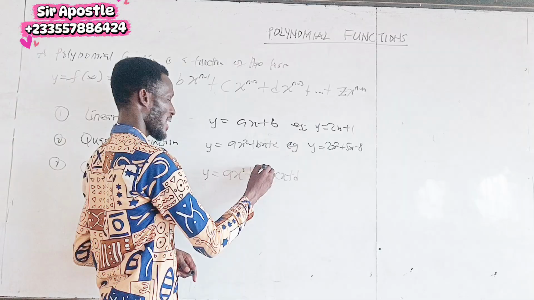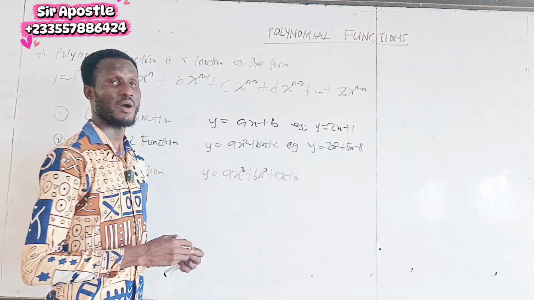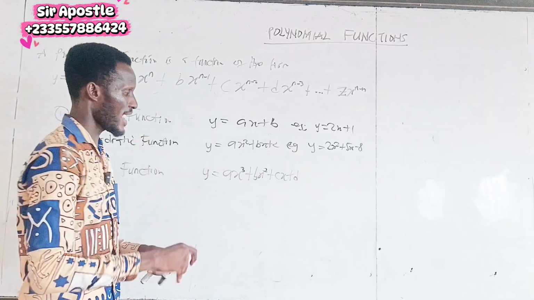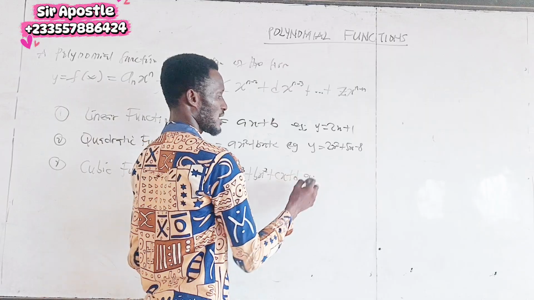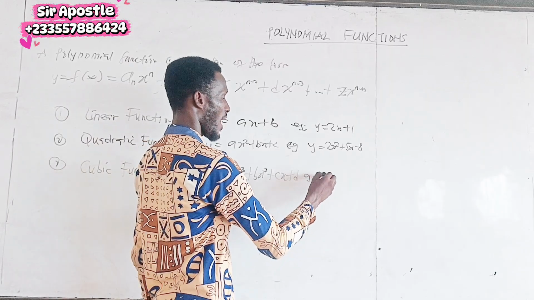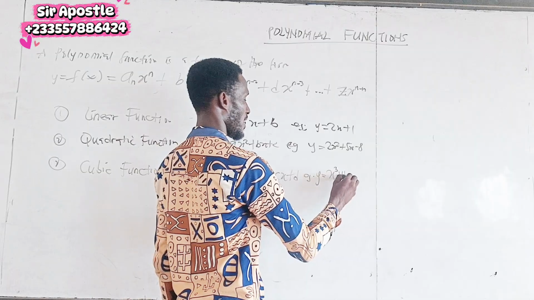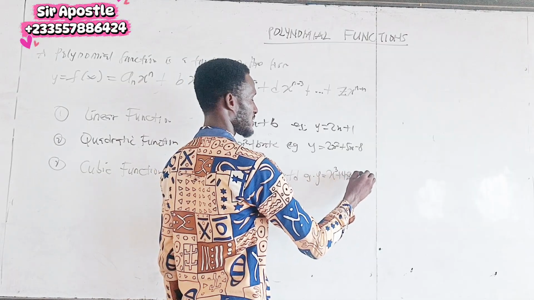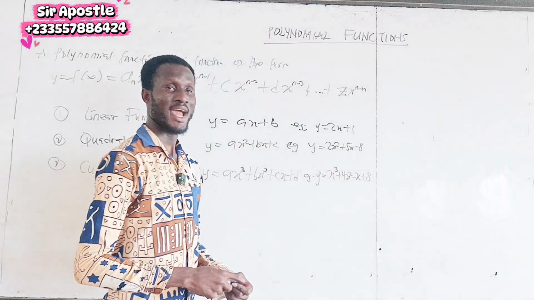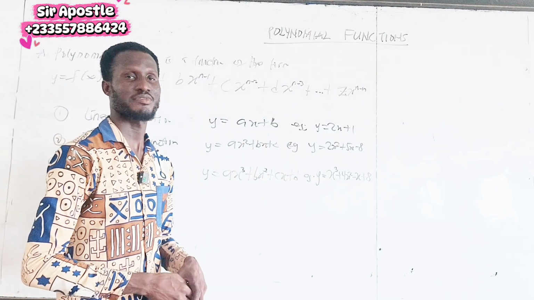When the highest exponent is 3, that is a cubic function. An example is y is equal to x exponent 3 plus 4x squared minus x plus 8. Something like this is a cubic function.